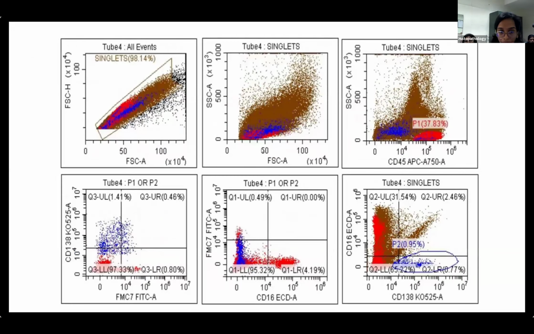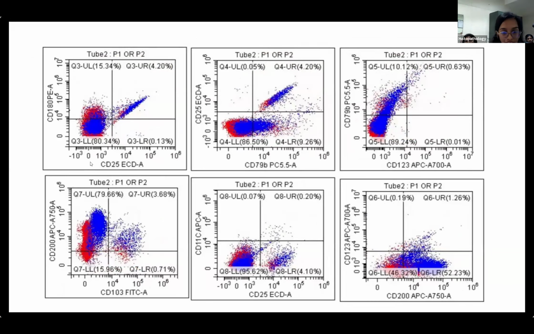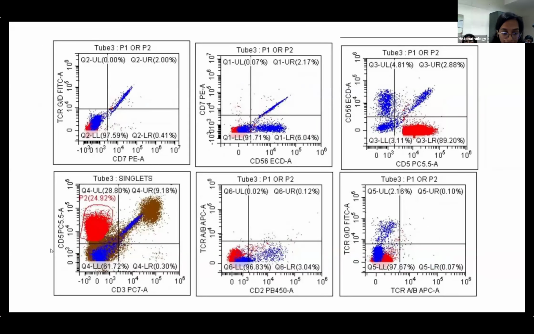CD22 is also negative. FMC7 is negative. Again, the red cell population is negative for CD138. It is positive for CD180 and bright positive for CD200. And CD79B is negative. Here again, CD5 is positive for the red cell population.